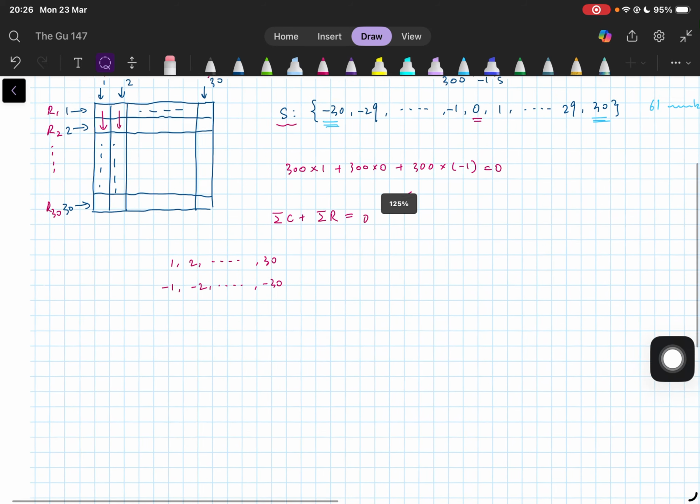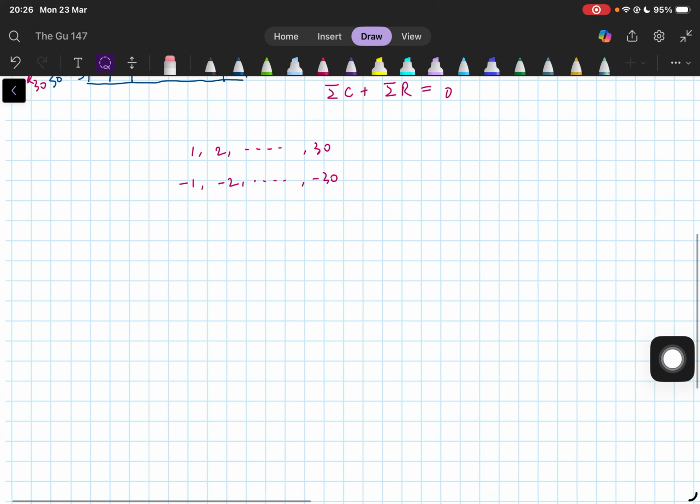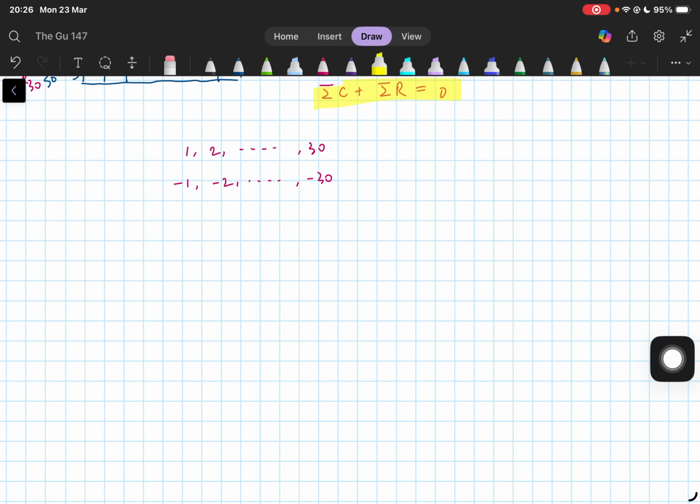But we have to prove it somehow. And there isn't much information we can use. So perhaps, considering we summed up these values, a good way to think about it is to sum up the absolute values.